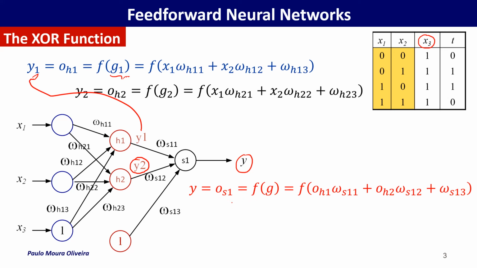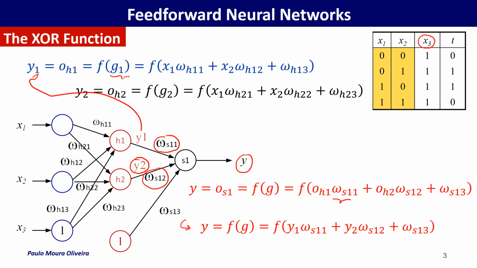So you can check this out for the weights and the output. The output is the output of the activation function, considering y1 times this weight, and then y2 times this weight, and then this +1 times this weight.